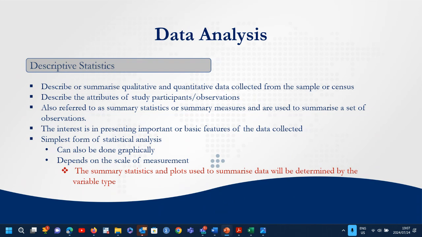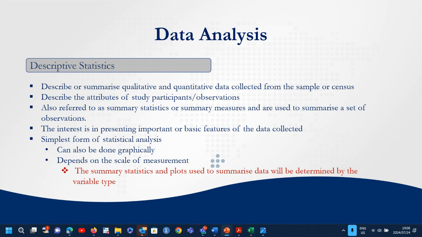You take all the responses, you summarize them, or we say you describe. So you have qualitative and quantitative data there. So you'll be summarizing, you are describing the attributes of your participants, because that's essentially what you are working with, those who responded. So we also say it's summary statistics.